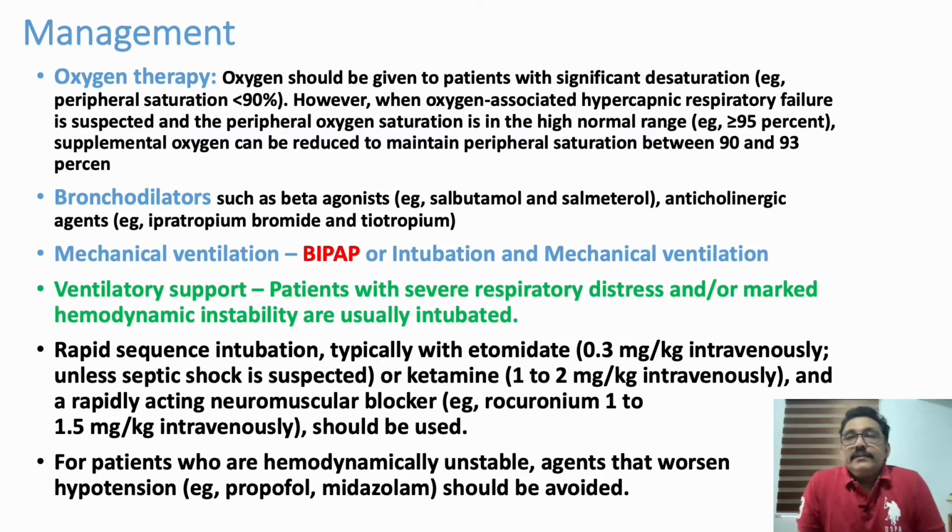Now, once we understand the patient is having respiratory acidosis, we know that one of the most common conditions in which we get respiratory acidosis in the emergency room is acute exacerbation of chronic diseases like COPD, ILD, bronchiectasis, cystic fibrosis, any chronic lung disease. One of the most important things we always miss is obstructive sleep apnea syndrome.